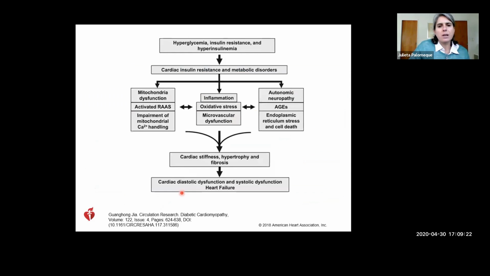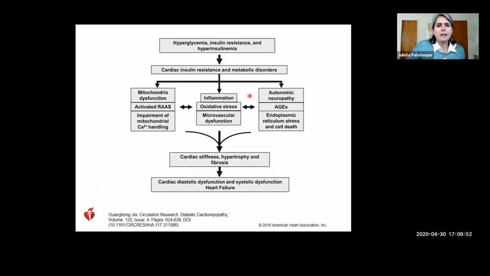In a recent, very elegant review in Circulation Research from 2018, the authors put in the knowledge of everyone that hyperglycemia, insulin resistance, and hyperinsulinemia lead to cardiac insulin resistance and metabolic disorder.